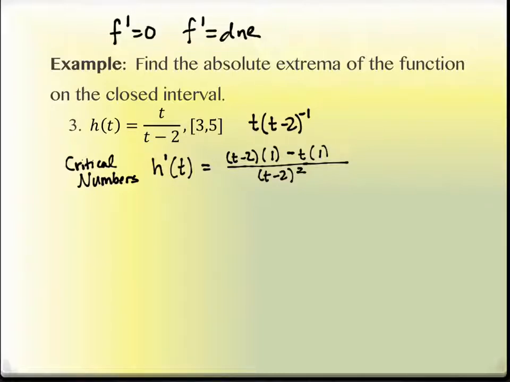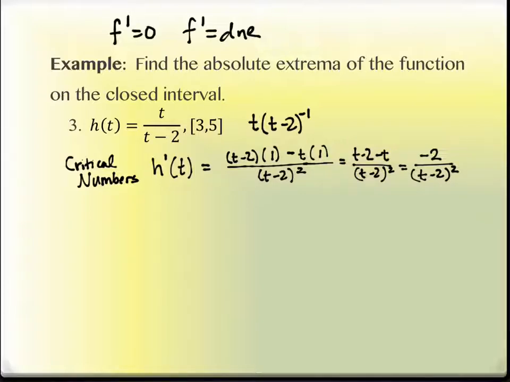Let's clean up that numerator. So if I clean up that numerator, I have t minus 2 minus t over t minus 2 squared. What does the numerator become? -2. And it's over t minus 2 squared.